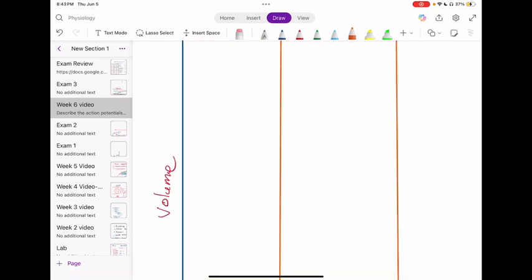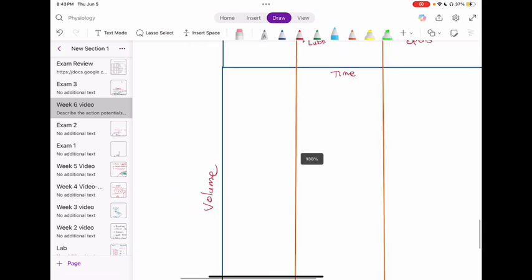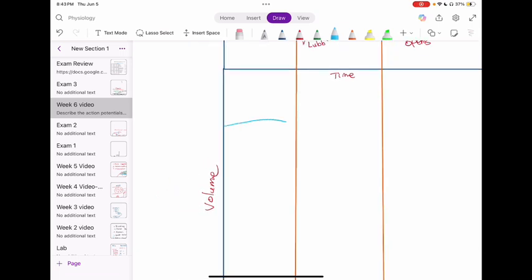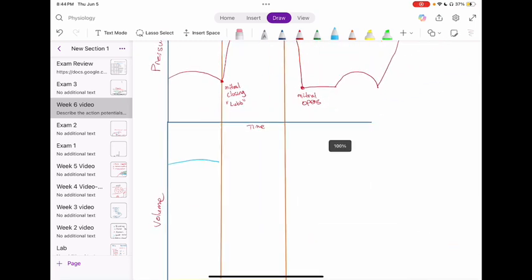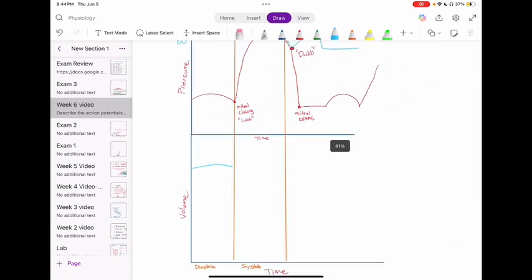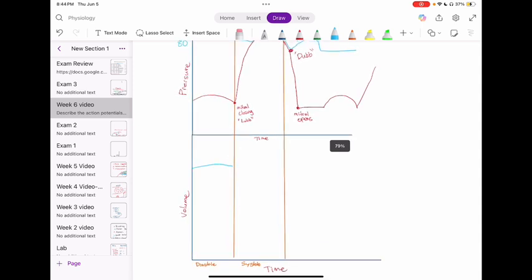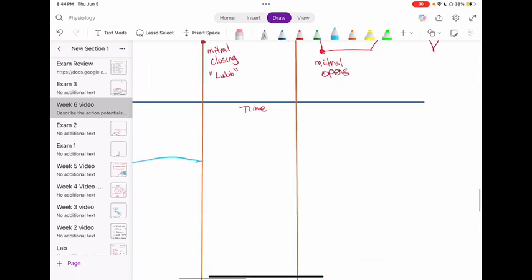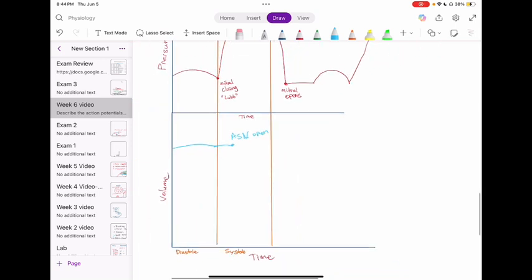I'm sorry, I haven't done a good job of keeping up with this graph down here at the same time. But it starts out higher. As the mitral valve closes, we're going to open up that aortic semilunar valve. And we're going to send blood out of the heart.